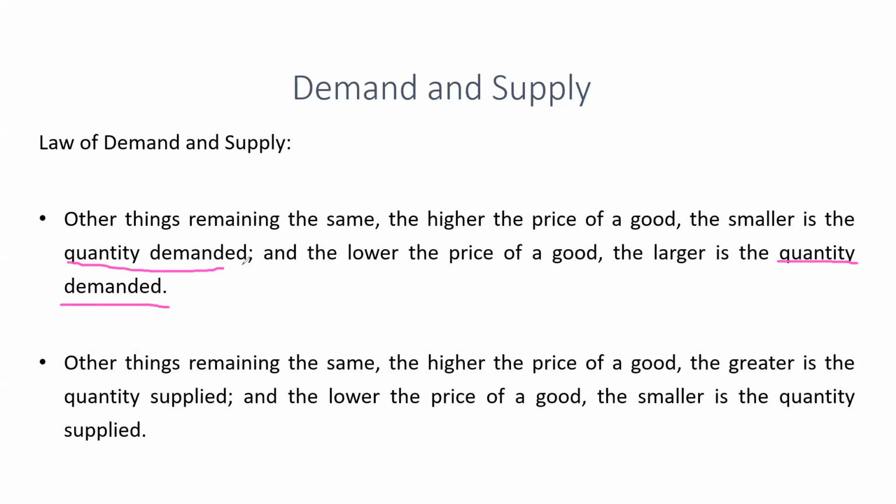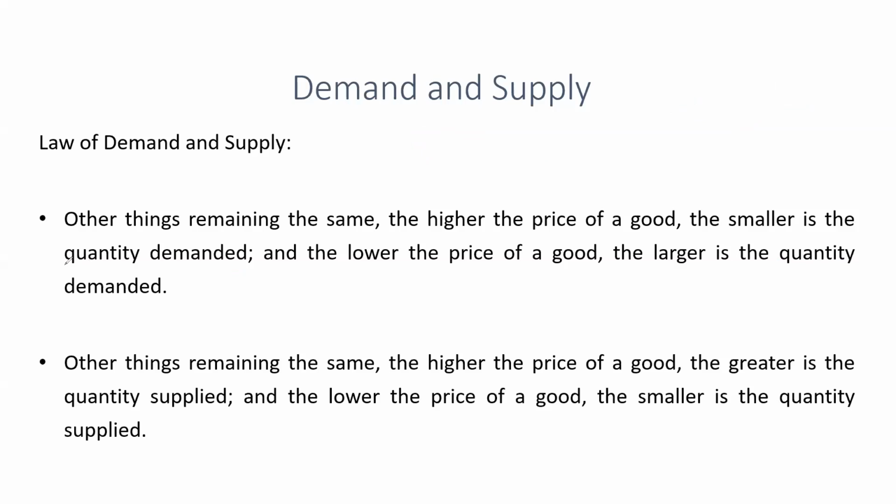Please don't say the higher the price, the smaller the demand. It's not smaller demand, it is smaller quantity demanded, because there is a difference between quantity demanded and demand itself. There is a difference between quantity supplied and supply. So these terms are not the same. So you need to be very careful.